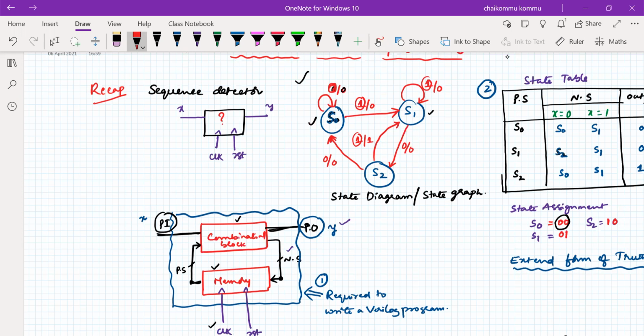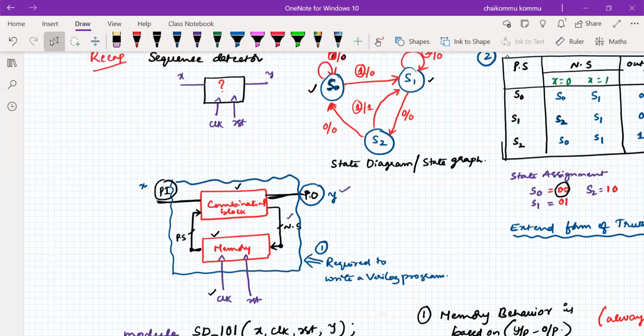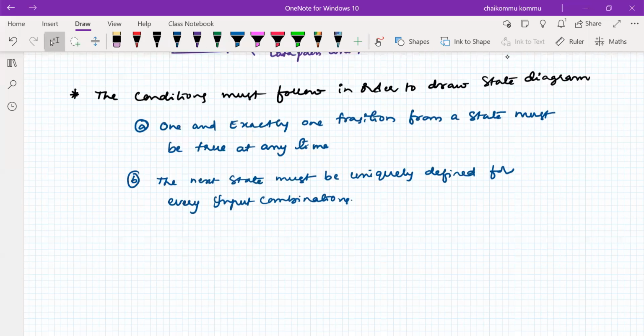So that's what we have to follow, and the next state also must take all the input combinations. That is the meaning of this. When we are drawing the state diagrams, we have to consider this. But when we are drawing the state charts, SM charts, we need not follow this.